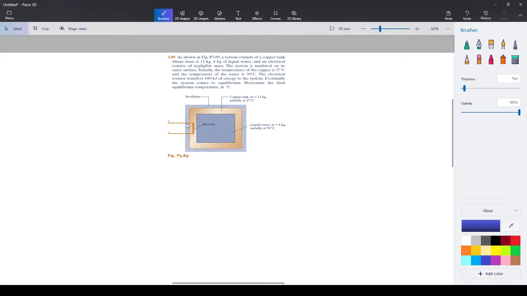The system is insulated on its outer surface, so they've given us a little bit of information there. Initially, the temperature of the copper is 27 C, and the temperature of the water is 50 C. The electrical resistor transfers 100 kilojoules of energy to the system. Eventually, the system comes to equilibrium. Determine the final equilibrium temperature in degrees Celsius, okay?